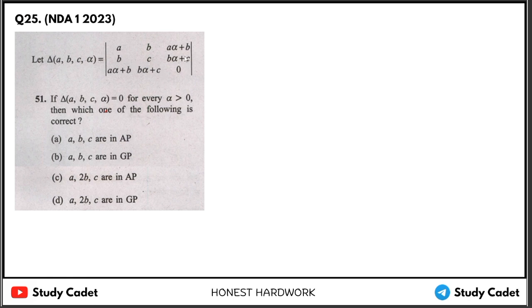If we do row 1 into alpha plus row 2, and subtract it from row 3, so we are changing row 3 to this.